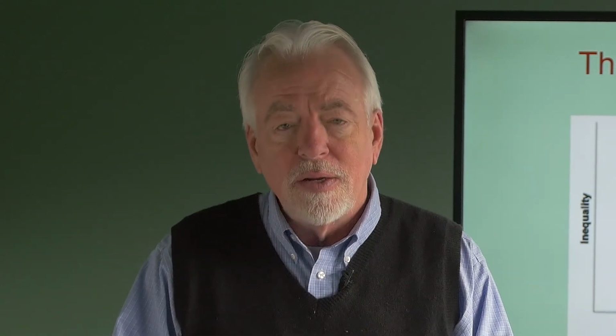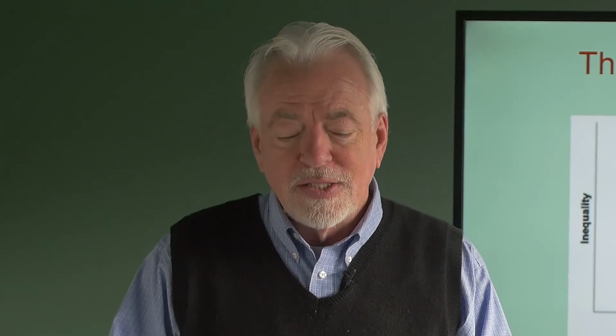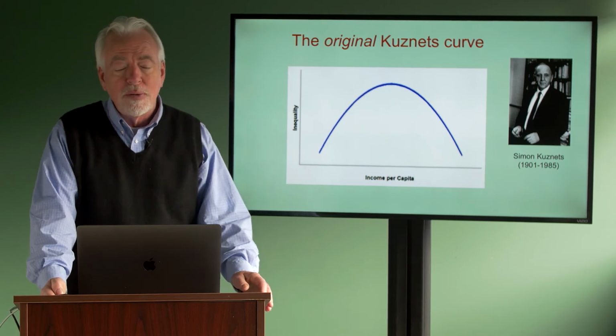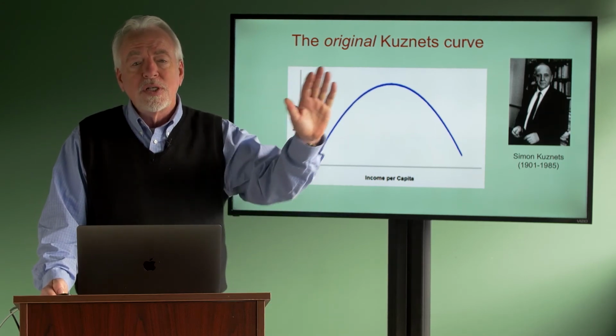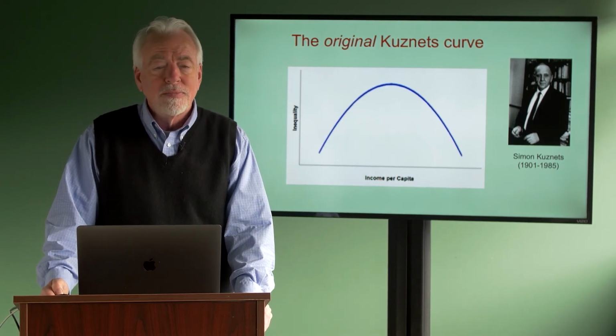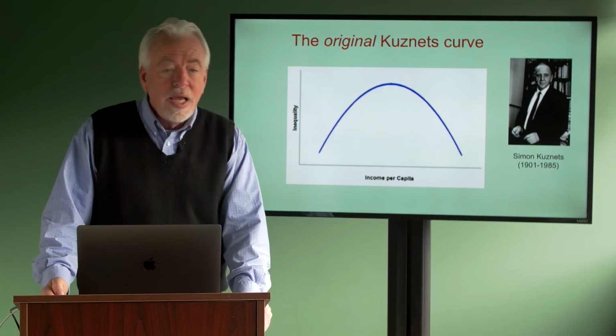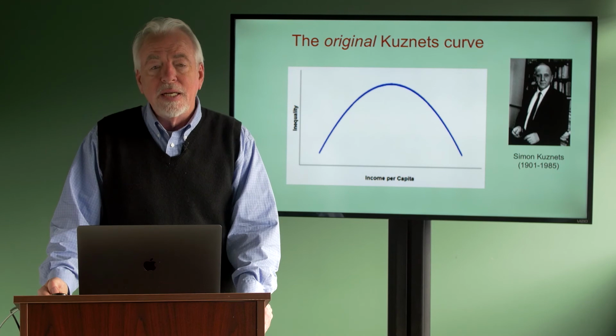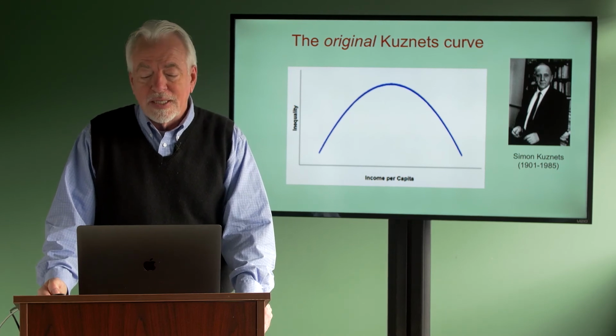And what he found based on historical experiences in Western advanced industrialized countries was something like an inverted U-shaped relationship: as incomes had grown over the decades, going back to the 1700s, inequality had risen, and then finally it had reached a turning point and inequality had started to decline.